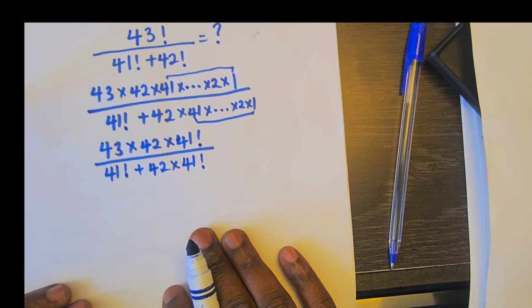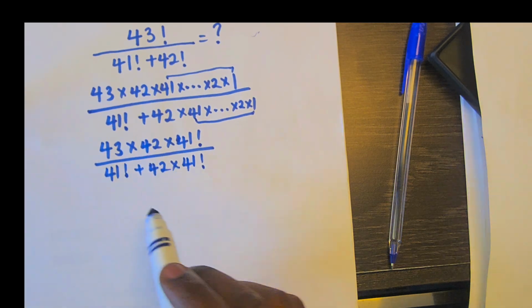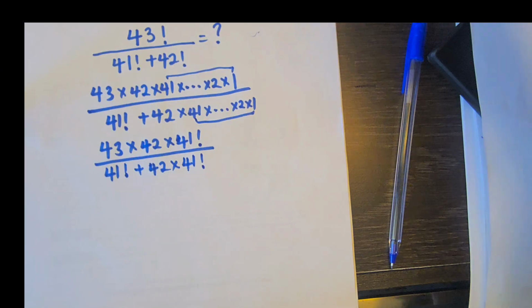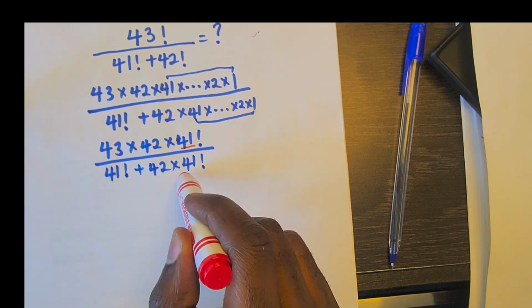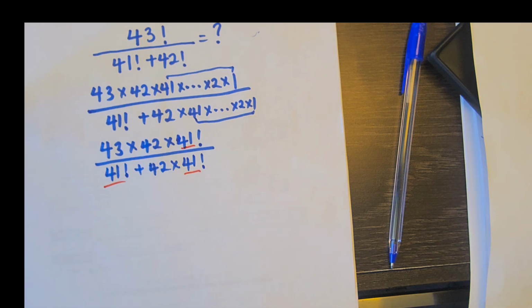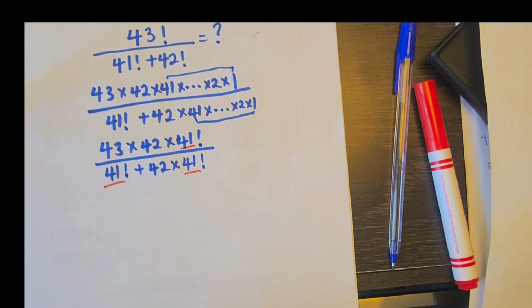Now, solving this further, we can see that 41 factorial is common here, 41 factorial is common here, and also 41 factorial is common here. So we can factor it out.